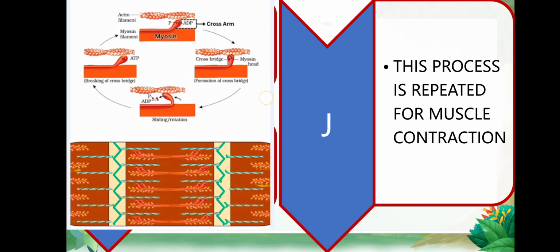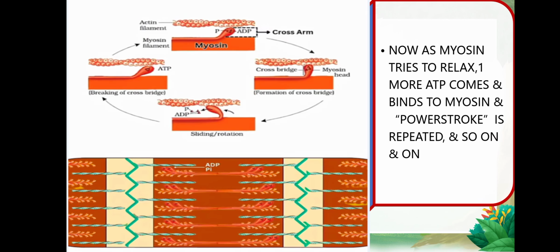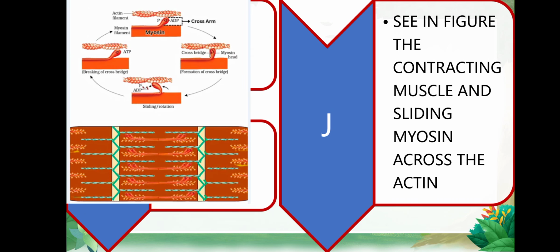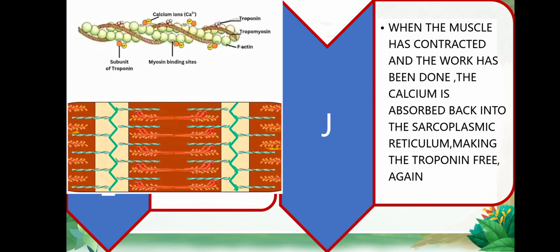This process is repeated for muscle contraction, and you can see in the subsequent figure the muscle is contracting. You can see here the gap is being closed. This sliding is called the sliding theory, and the muscle contracts in this way.